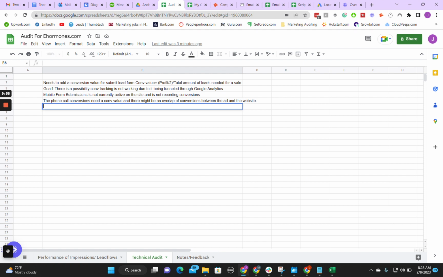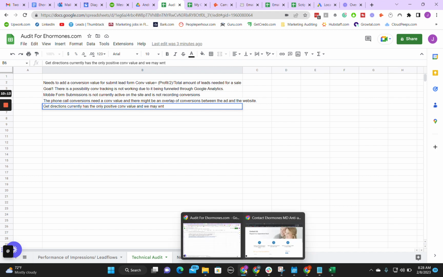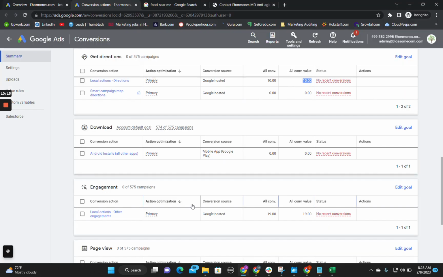So I'm going to write: Get directions currently has the only positive conversion value, and we may, let's see if they even allow us to reduce it, because sometimes they don't even allow us to reduce it.